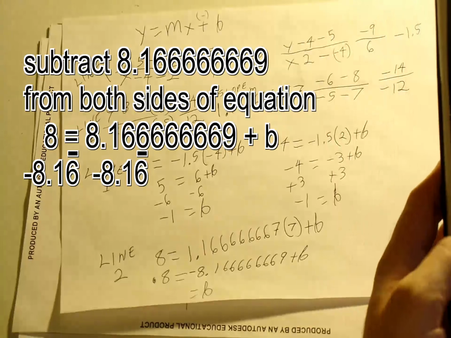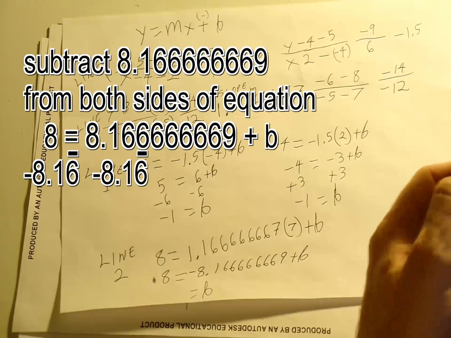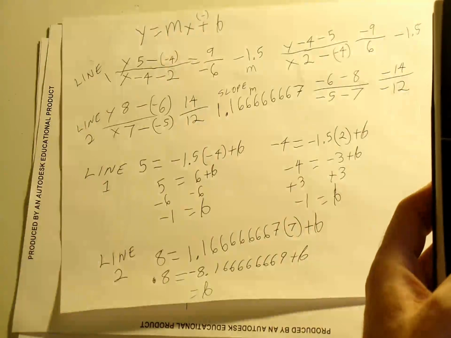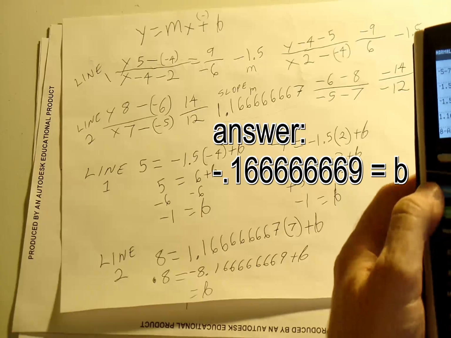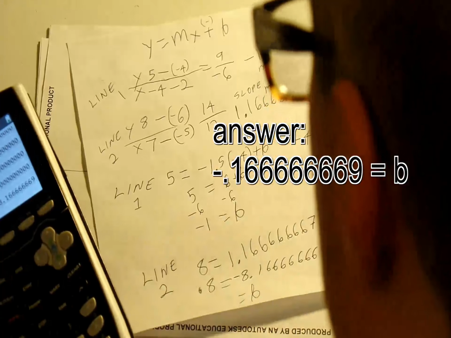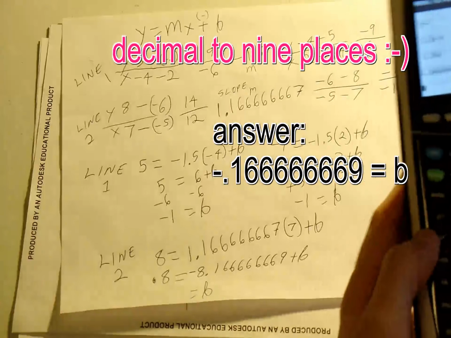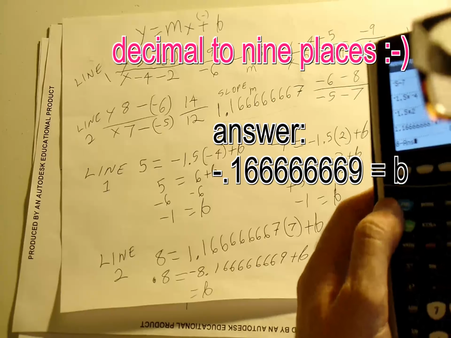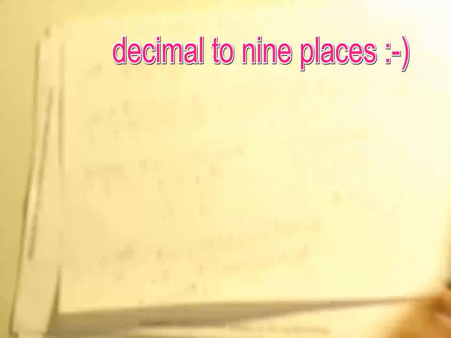We subtract that number from both sides of the equation, and we get negative 0.1 seven 6s and a 9 equals b.